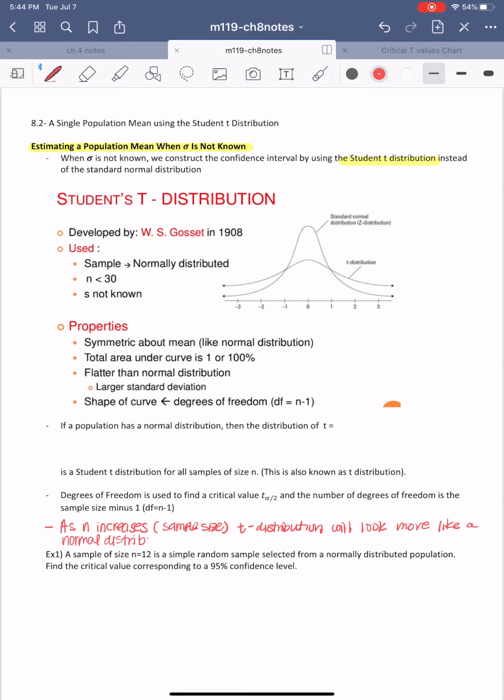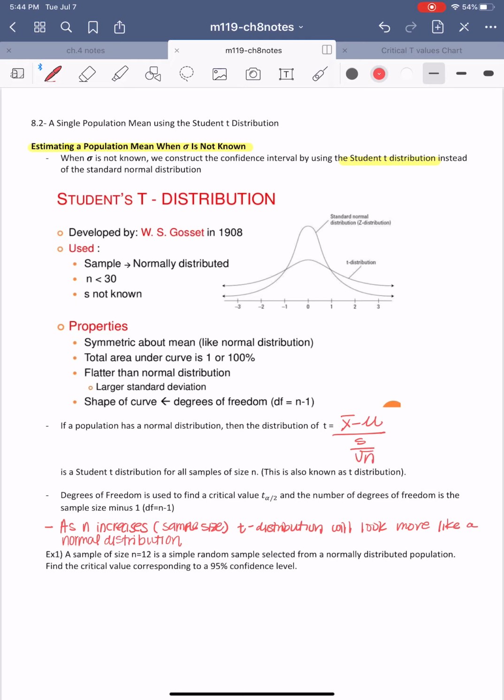Because it's like a normal distribution, the idea is still the same. We have a critical value, but instead of z, we use t because the variable is t. To calculate the t value, the formula is x bar minus mu over s over square root of n.